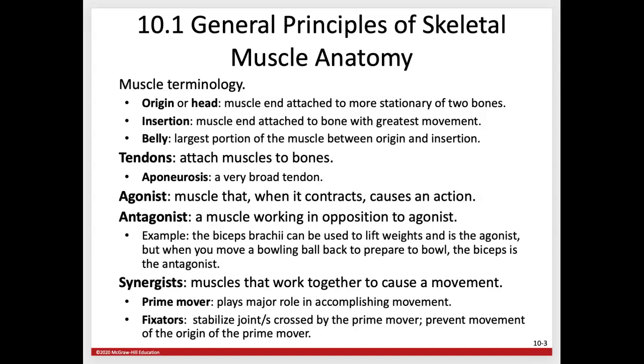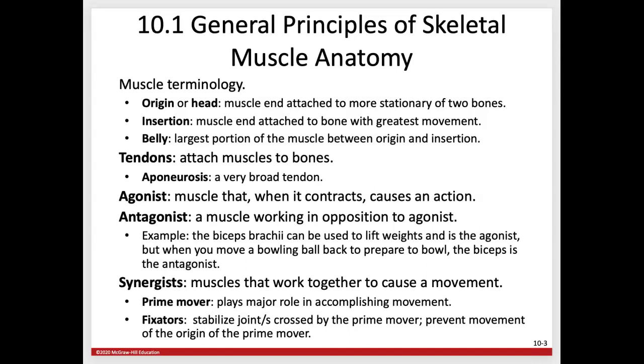Triceps brachii has 3 origins. The biceps brachii have 2 origins, and those multiple origins join together to form one muscle. If there's multiple origins, each origin is called a head.